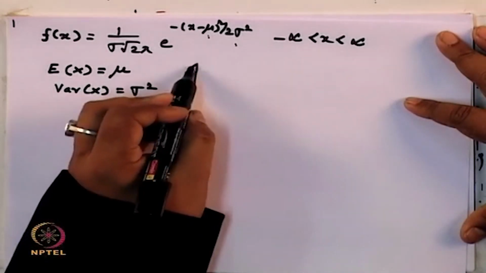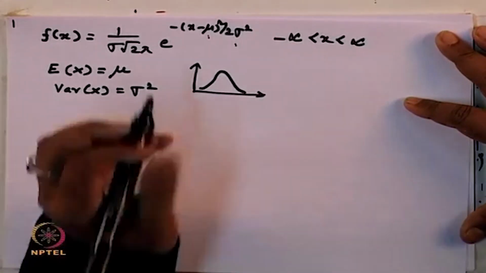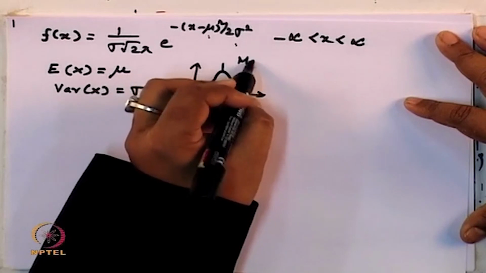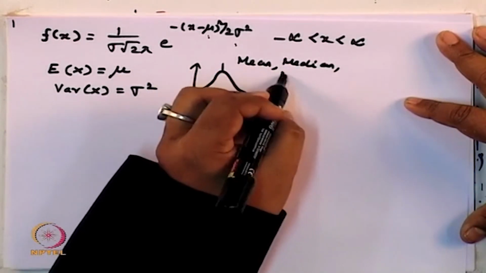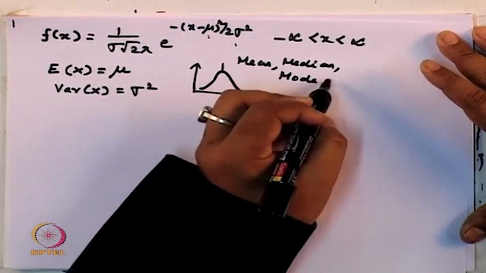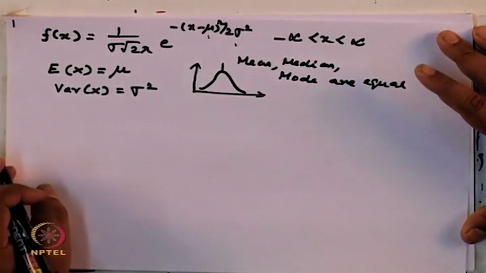Also for a normal distribution, because it is symmetric, your mean, median and mode give you the same value, they are equal. Okay.